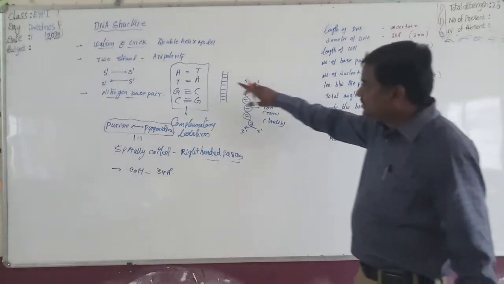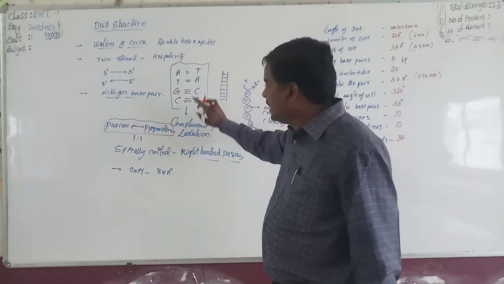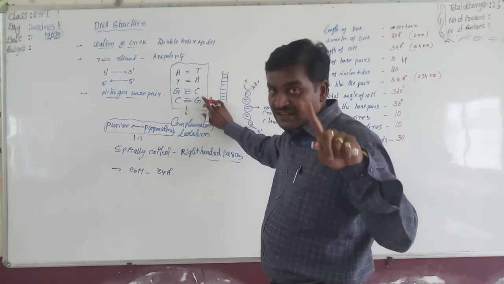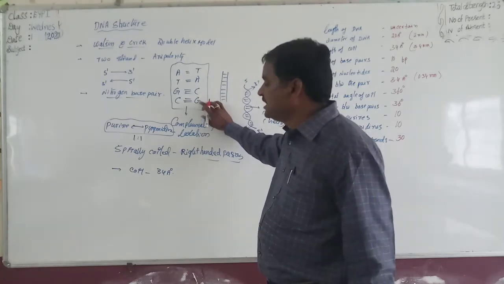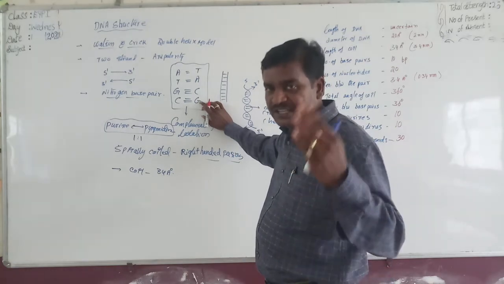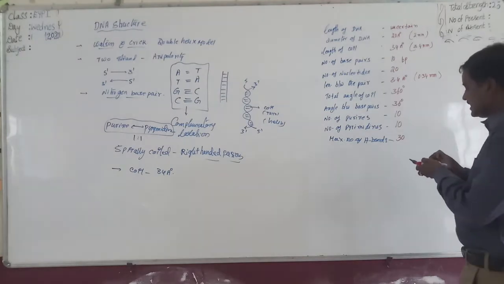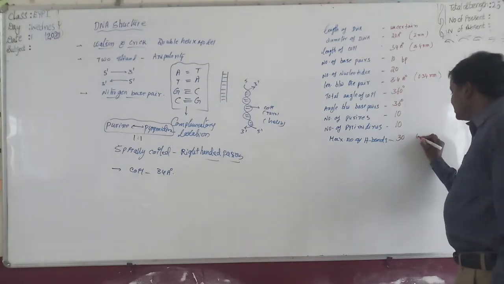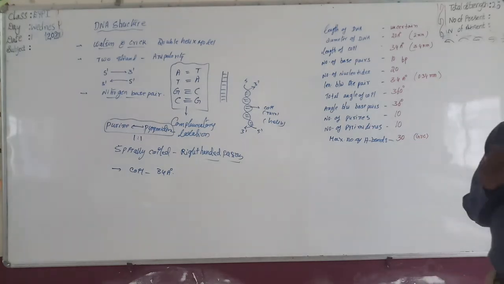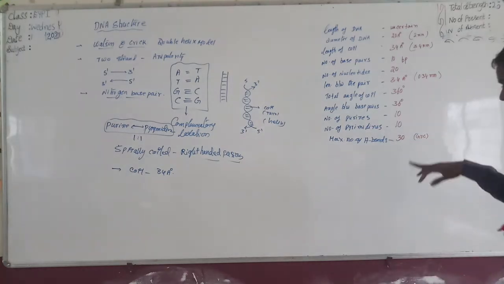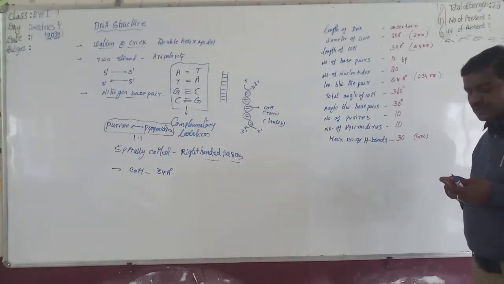If these 10 base pairs are G and C base pairs, each pair is represented with 3 hydrogen bonds. 10 into 3 is equal to 30. When the 10 base pairs are G and C, 30 maximum hydrogen bonds are there.